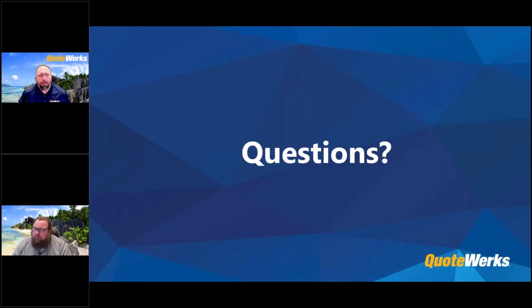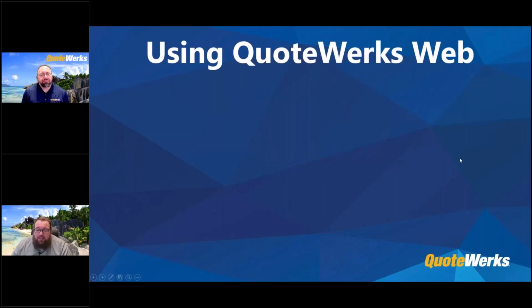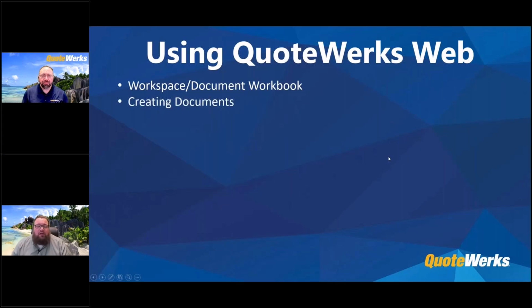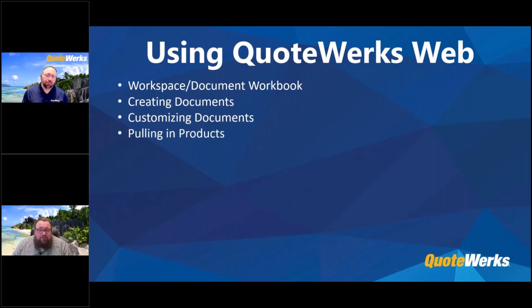So in that case, we'll go ahead and get started into our conversation about using QuoteWerks Web. The things that we're going to cover today are going to be the workspace and document workbook, creating documents, so how you might actually go in and create a quote, how you can customize those documents, so the different tools that you have when you go and build a quote, pulling in products, so utilizing those product data source connections that we just showed, pulling in contacts.